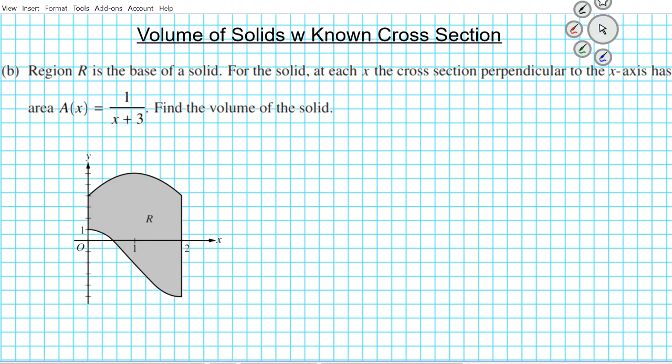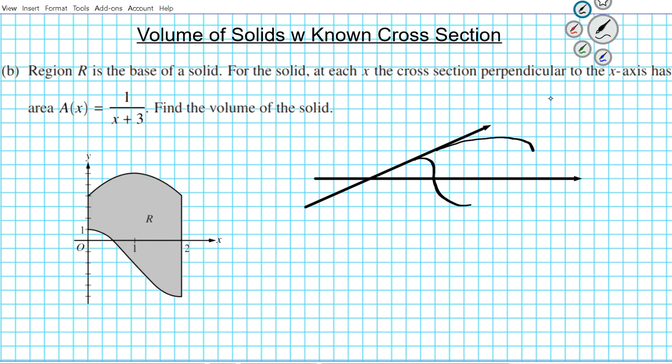Okay, so let me just give you a visual. This is not necessary by any means. Let me just give you a visual as to what we're dealing with here. If you want to give yourself a visual, what you want to do is make the region a base. Okay, so this is a base. I'm just going to rotate the y-axis downwards a little bit. So let's say this is the function on the top, the quadratic, and then the trig function is on the bottom.